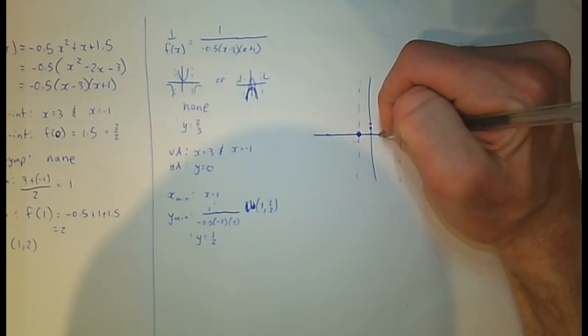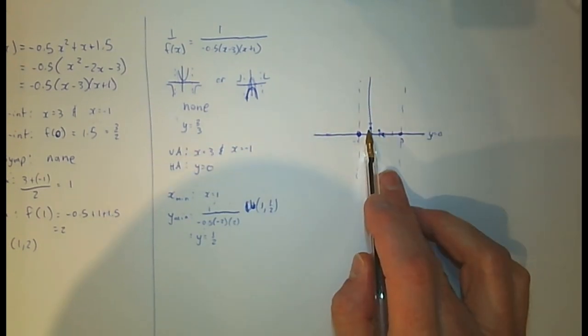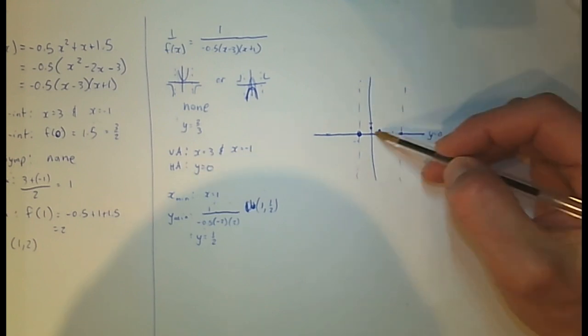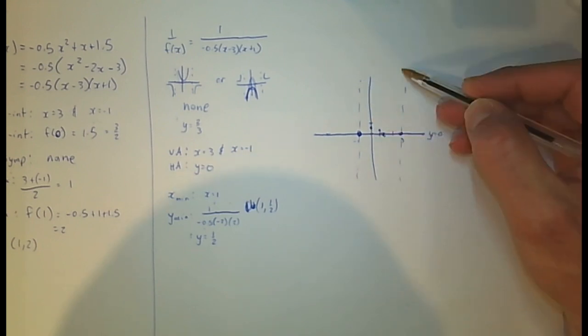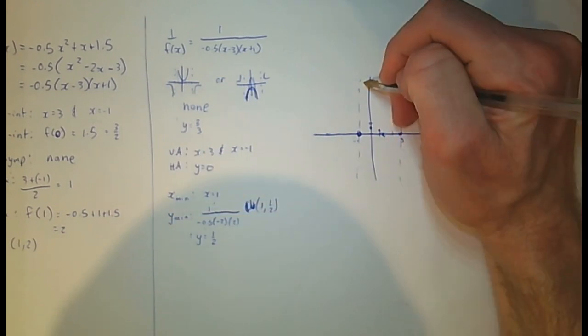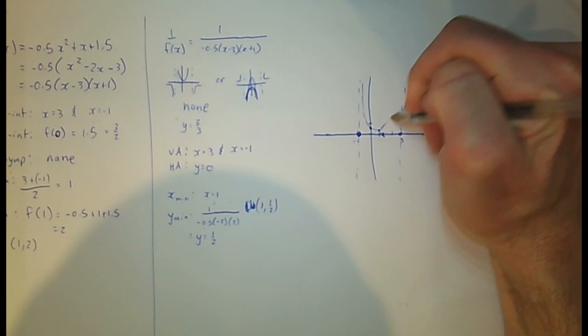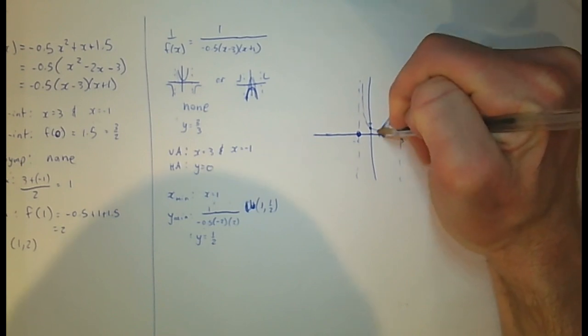So this will be here at 1, but just a little lower than that guy, so a half. And we can actually see from this being at 2/3 and this being a half that it is in fact going to be a reflection of this guy here. So this is going to do something like this, and it goes back up like that.